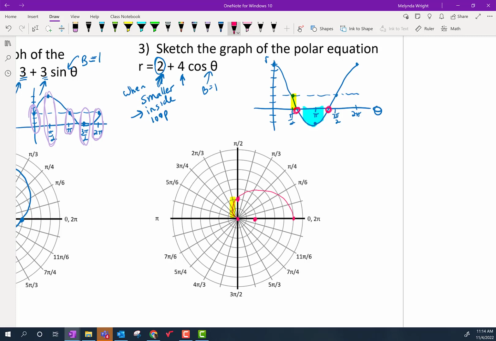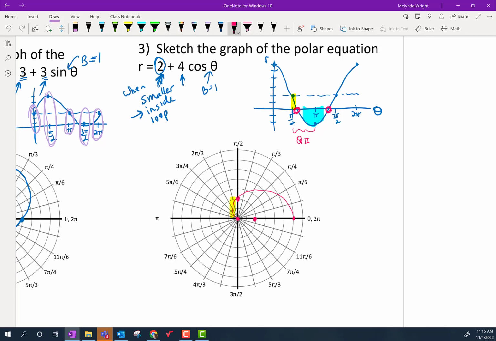Now, when it turns negative, it's very weird. I want us to think about this for just a minute. I know there's going to be a circle inside there, but I want you to understand what's going on. So right between here, this is supposed to be quadrant 2. Between pi over 2 and pi, that's quadrant 2.